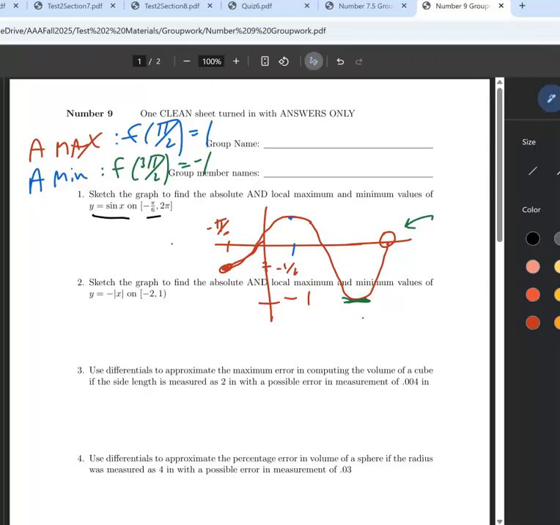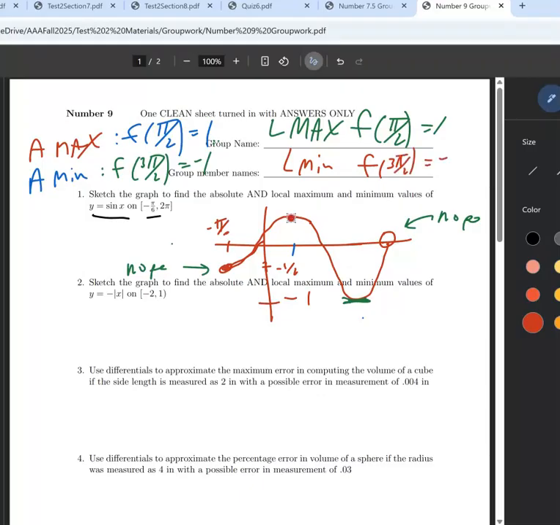This endpoint here is not a candidate. So nope, and nope. So this absolute max is also a local max because there's a peak there. And then this absolute minimum is also a local minimum because there's a valley there.